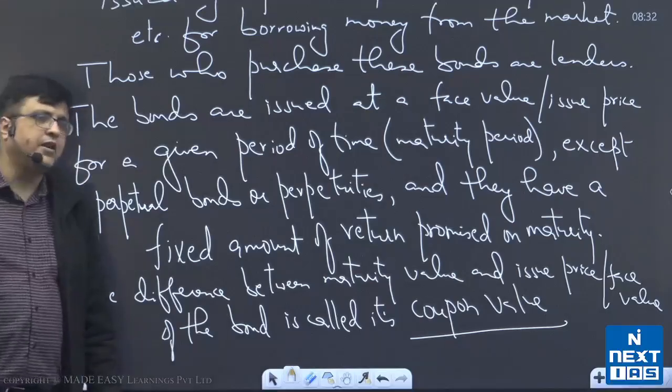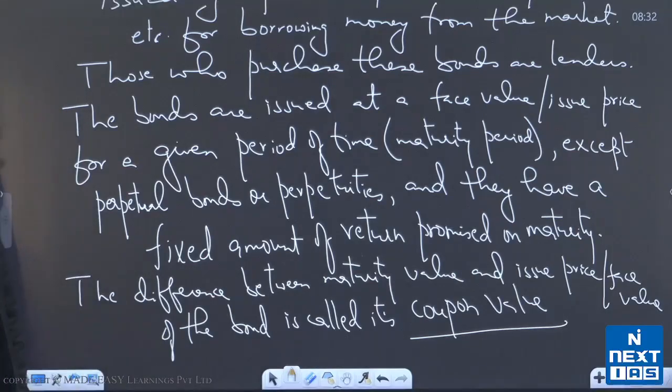The difference between maturity value and issue price or face value of the bond is called its coupon value.